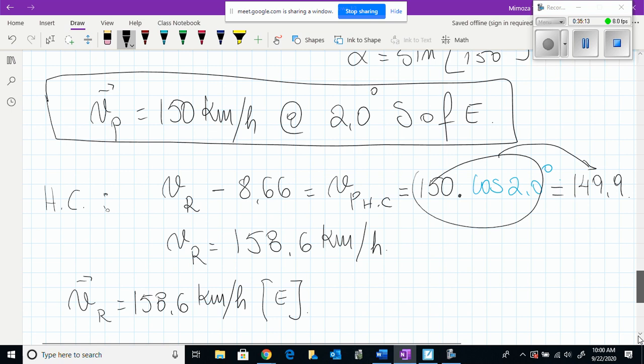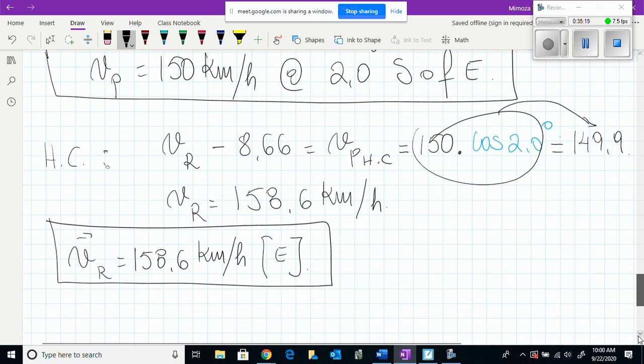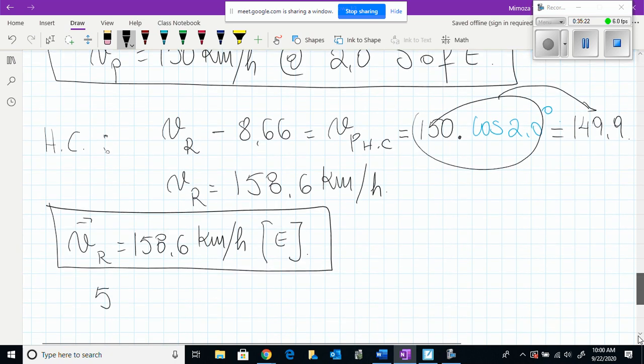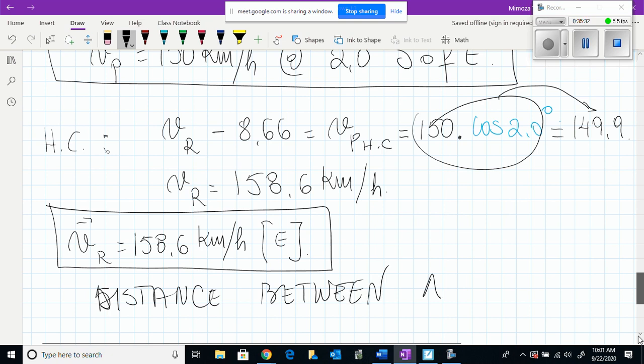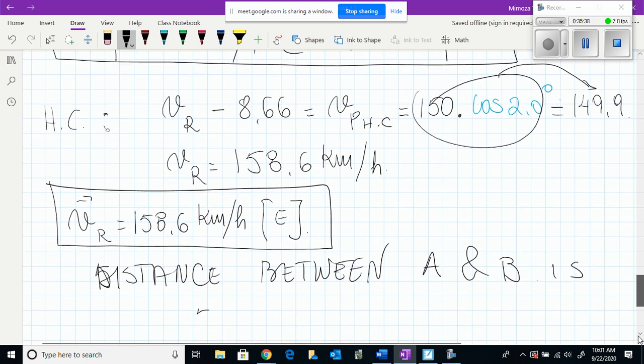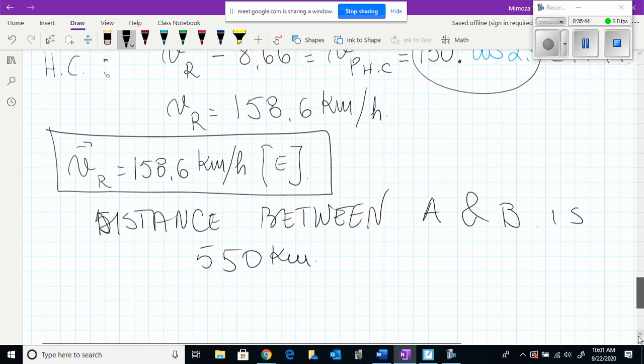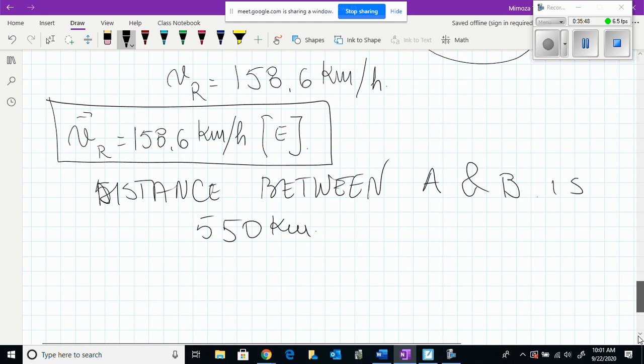And again, if they're saying that the distance between city A and city B is, let's say, 550 kilometers, how long will it take the plane to go from city A to city B? City A to city B will be in the direction that the resultant velocity is.